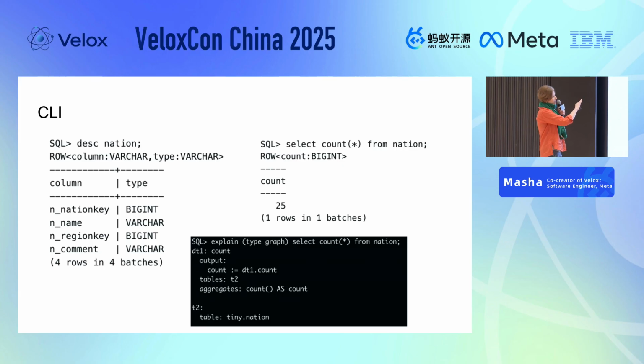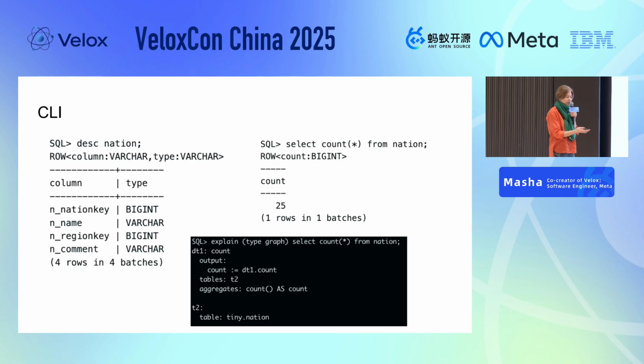There is explain type, and then there are 4 different flavors where you can ask to show a logical plan, essentially the equivalent of SQL, what gets produced by the parser. And then you can show the graph, which is an internal representation of the query inside of the optimizer. You can ask it to show the physical optimized plan and also show the final Velox multi-fragment plan, all with this explain command.